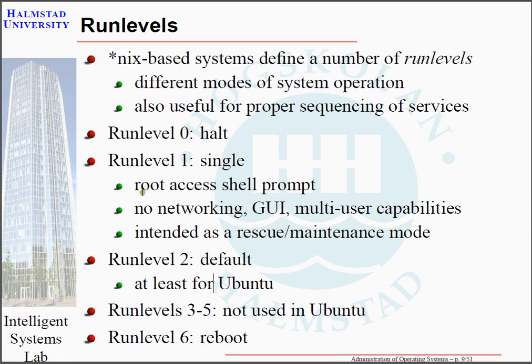But the general idea is that by going from 0 to some higher levels, you turn on different capabilities step by step, so that at each step you already have some baseline on which you can build. So you, for example, don't start a graphical user interface before you start networking or similar things. Run levels 3 and 4 are not really used in Ubuntu. And then run level 6 is the reboot. So when you reach 6, you basically go back down to 0 or 1.